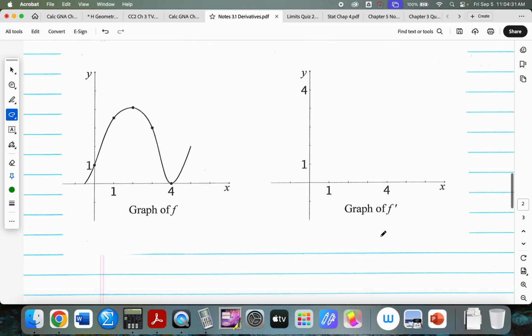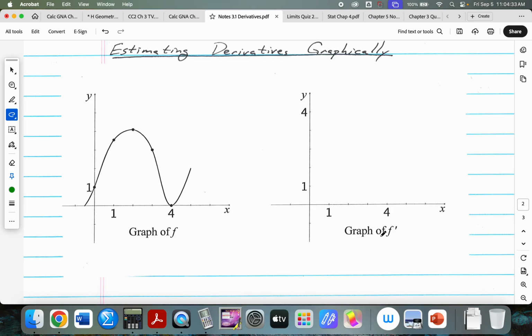All right, so estimating derivatives graphically. One of the things that we should be able to do is, given the graph of a function, we should be able to pretty quickly sketch or picture in your head what the derivative of that graph is going to look like. Here's what I do.